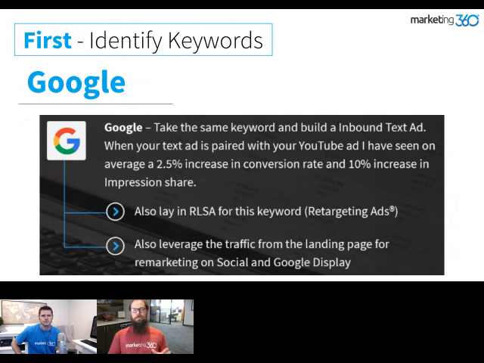It's mind-blowing to me that this isn't used more commonly. It seems a lot more complex than it is, but if you're familiar with setting up retargeting lists within AdWords, it's very much the same thing. Same setup. You've already got the code in there. You've already got your analytics code and your conversion and retargeting. Use that. Create your list. And then you can actually add this list as an audience to your text campaigns.